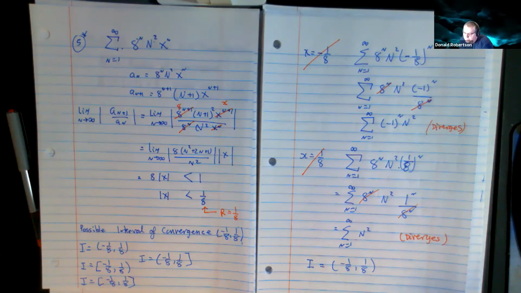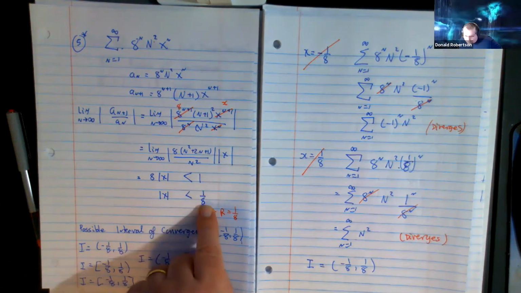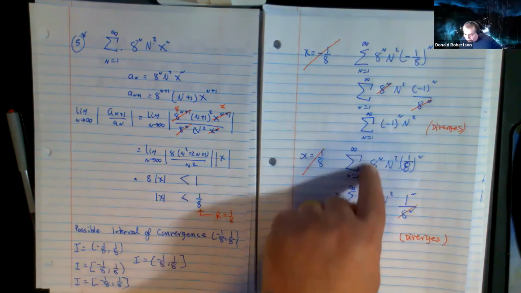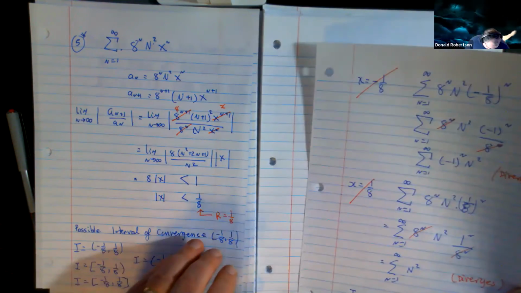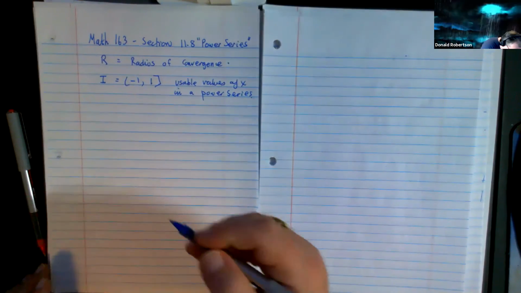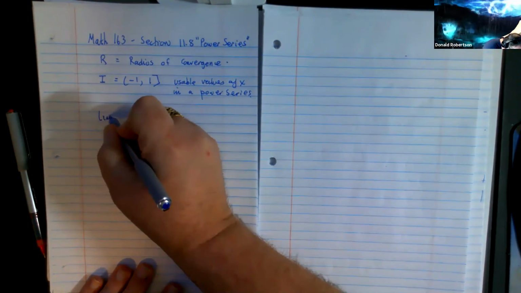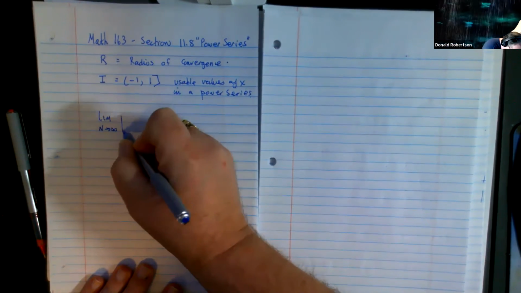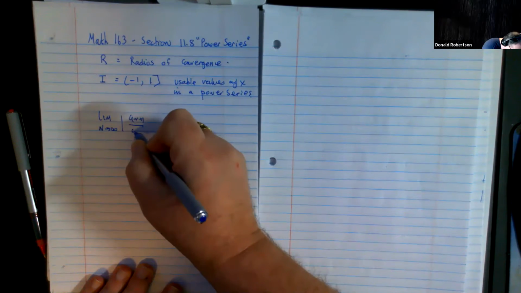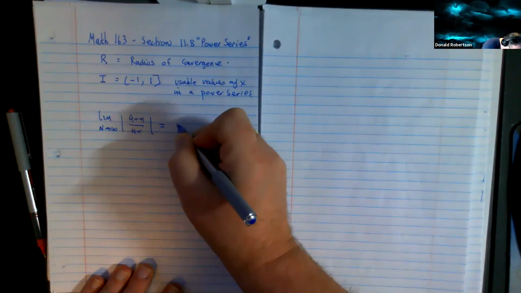Are we good with the general process of finding R, the radius of convergence, and then the interval of convergence after that? Okay. So let's look at some special situations. You can have the ratio test, and the answer that you get is 0.